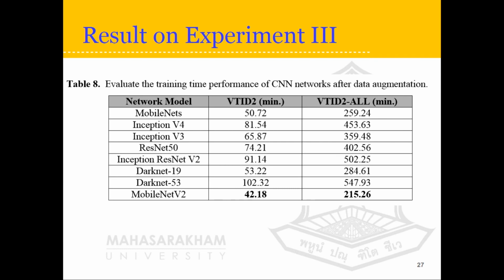In terms of speed, MobileNet version 1 might be a little bit slower than MobileNet version 2. But considering the higher accuracy of MobileNet version 1, we still think that MobileNet version 1 is a good model to use in vehicle type image recognition.